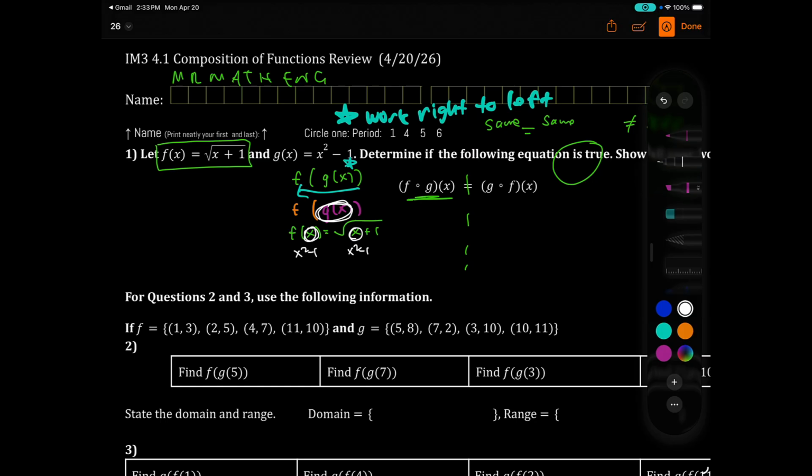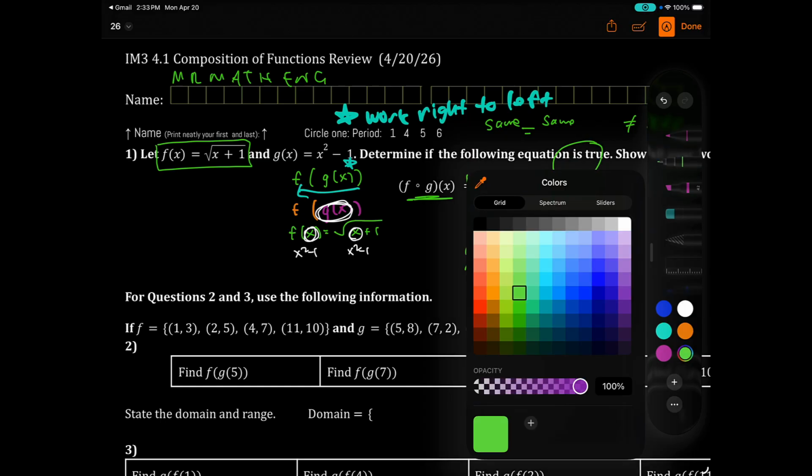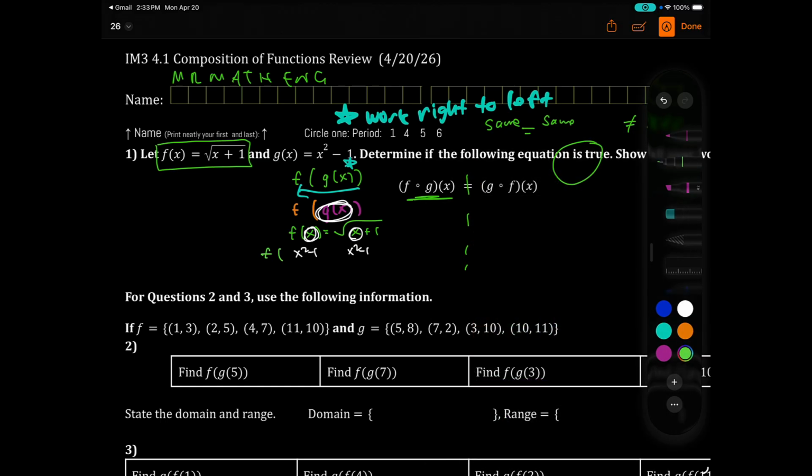Now we have f of x squared minus 1, and then you're putting this one here for the x value plus 1. Well, we don't need the parentheses anymore. So you have x squared minus 1 plus 1, and then you have these right here.